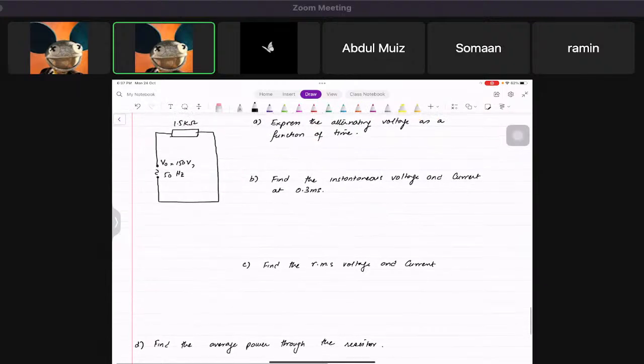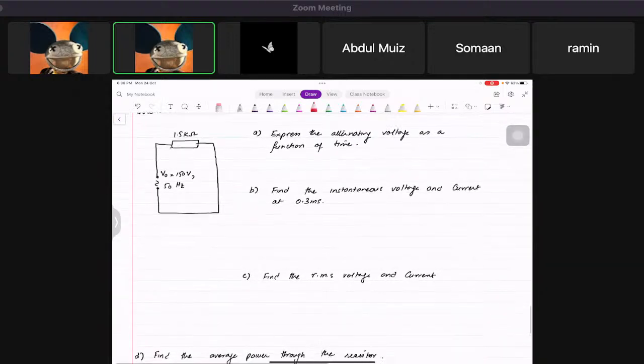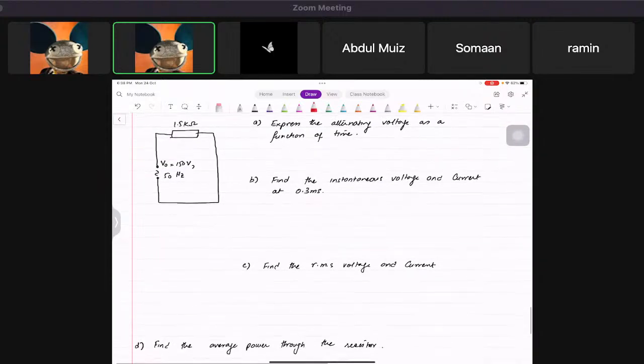Now let's see what we can do about it. In the first part, we need to understand that this is an ordinary supply, which means a sine curve, and the sine wave depends on the voltage at time t, the peak voltage, and sine of omega t.